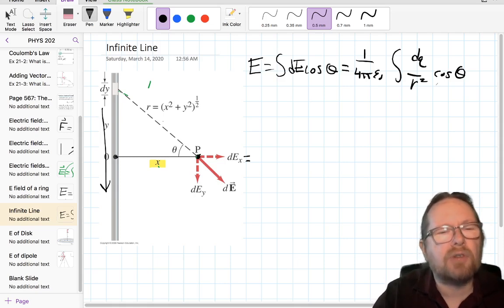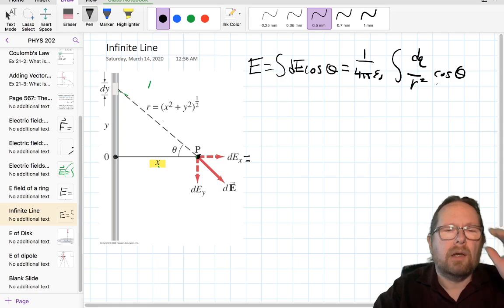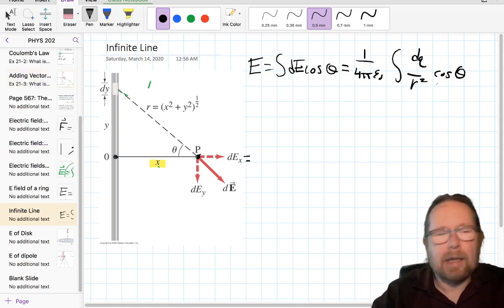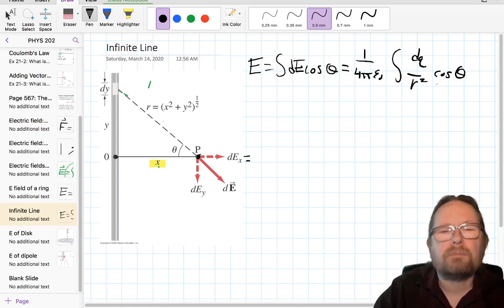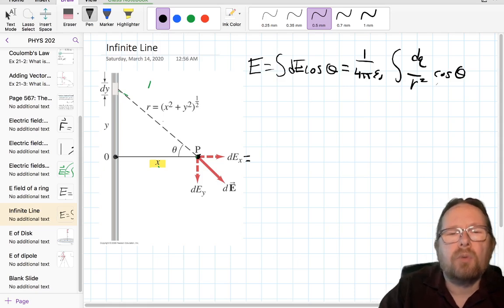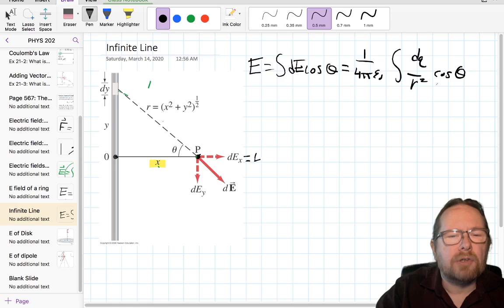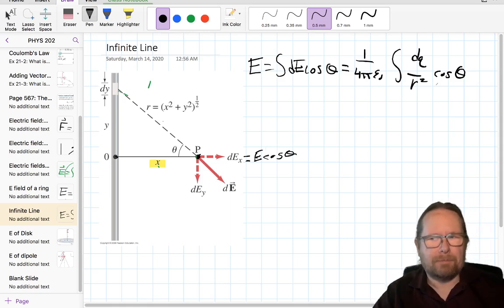We're going to have to express all of our variables in terms of theta instead of expressing them in terms of x and r. So we set up the problem the same as before. The electric field is equal to the integral of just the x components of the electric field, because the y components cancel one another out, which is equal to 1 over 4 pi epsilon naught, the integral of dq over r squared times cosine theta, where cosine theta gives us just the horizontal component of that electric field.